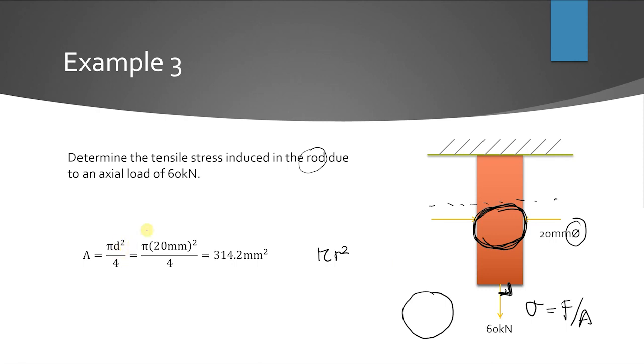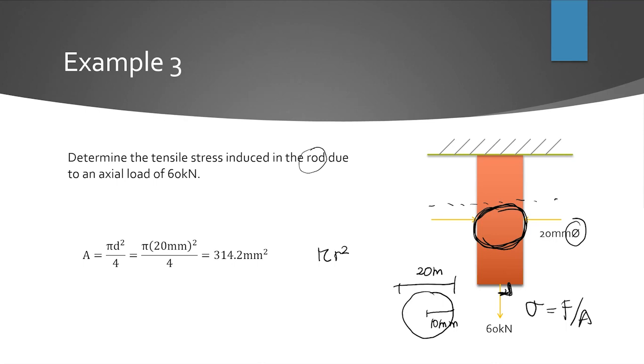So pi d square over 4, I calculate, so I put the diameter as 20 mm. Power of 2 divided by 4, I get 314.2 mm square. And if you use pi r square, you will get the same answer, but for radius, if 20 mm is the diameter, then the radius should be half of it, 10 mm. So pi times 10 power of 2 and you will get 314.2 mm square as well.